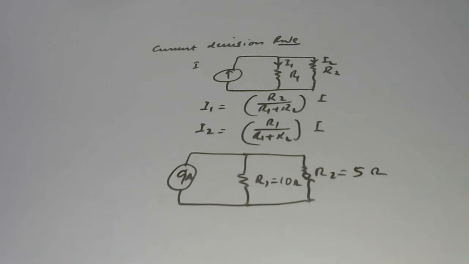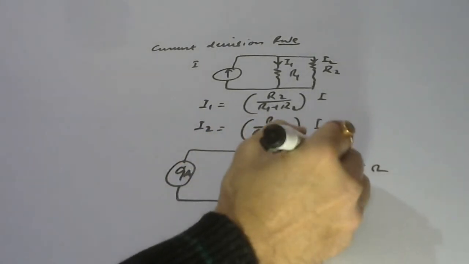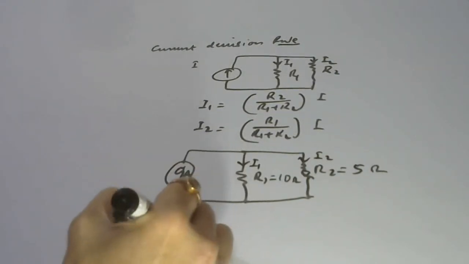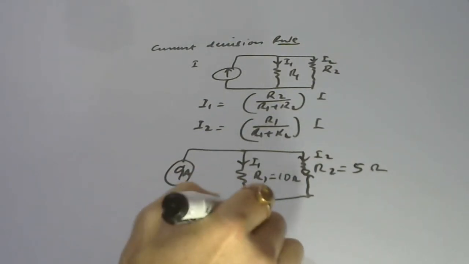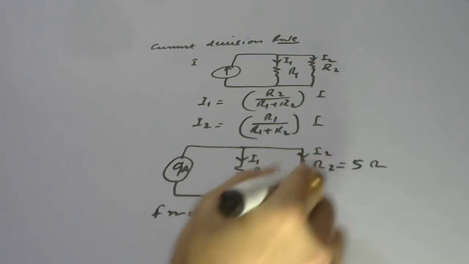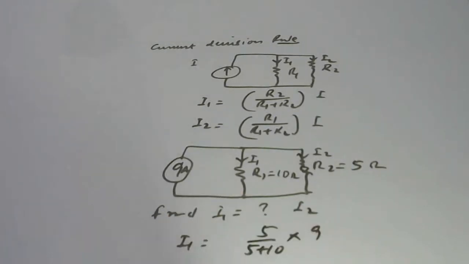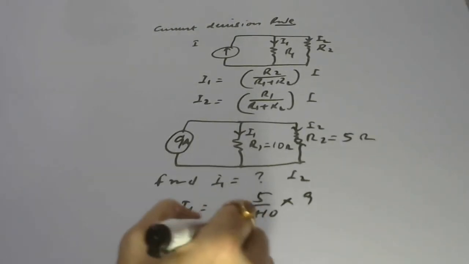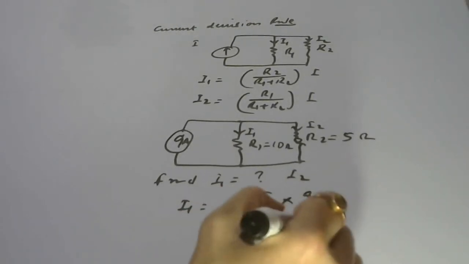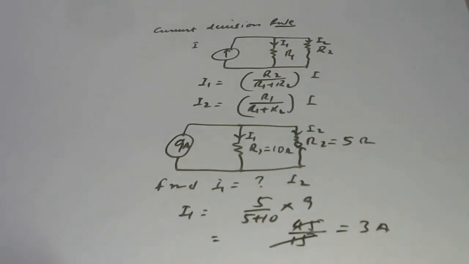Now what will be the value of current through R1 and R2, I1 and I2? So I1 we can write directly: 5 divided by 5 plus 10 into total current 9. So this is 45 divided by 15, 3 ampere current will flow.